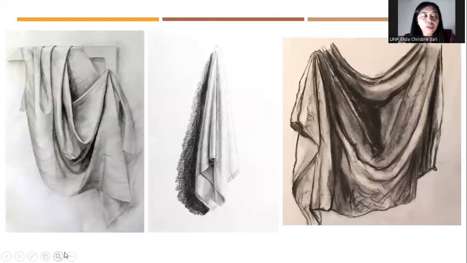And then, to make the fabric look more flexible, you must know its character. You can try more light, or shadow in the background. You can try more strokes to make the texture. Then you get a very beautiful drawing.